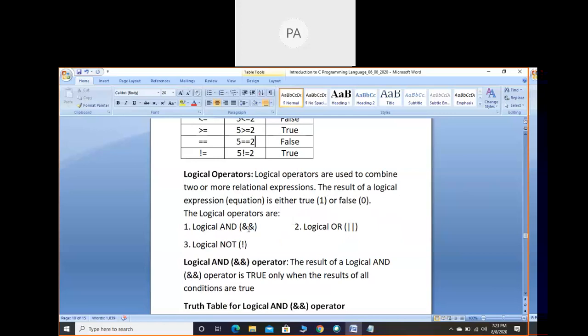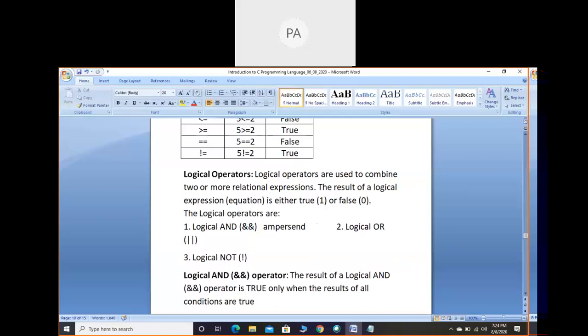For the logical and operator, we use the ampersand symbol. In the character set discussions, we covered the technical names of all the symbols on the keyboard. The ampersand symbol is also called the address symbol. If we use two ampersand symbols continuously without a space, it is the logical and operator.